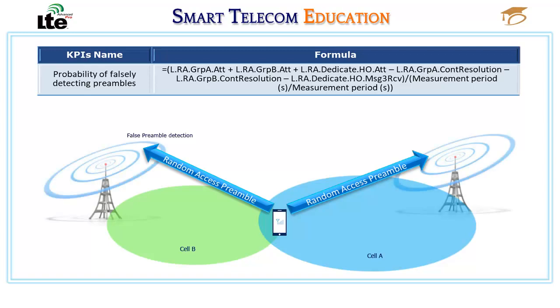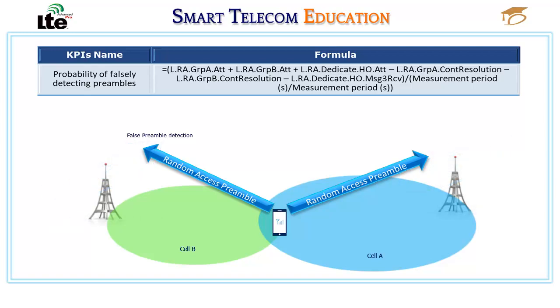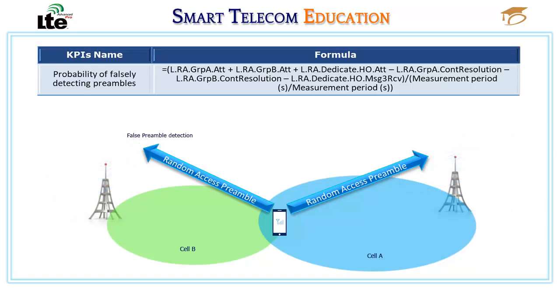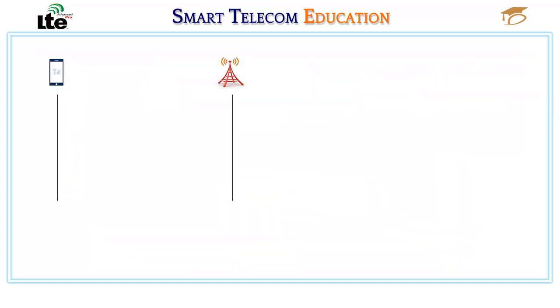All preceding settings and parameters are related to random access message 1 optimization. The next step is to optimize the message 2. Optimization of message 2, random access response. The UE initiates a random access procedure by sending a RACH preamble to eNodeB.